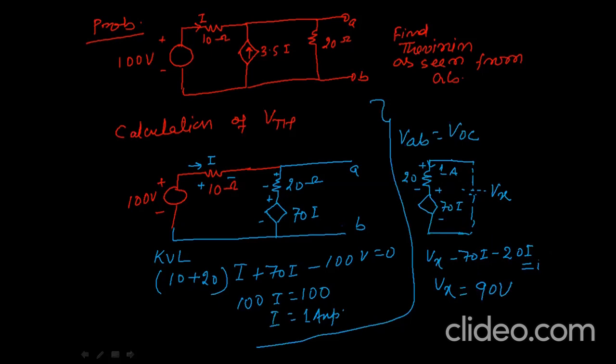So now my both the thing Vx is obtained. That Vx is nothing but it is VTH. VTH is 90 volt. VTH is simply calculated as early what we are doing. But the problem is with the calculation of the Thevenin resistance. We cannot open this position. So what we have to do for this, we have to go on a different technique.